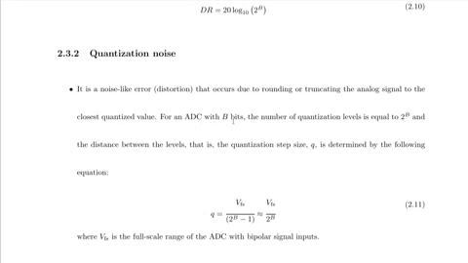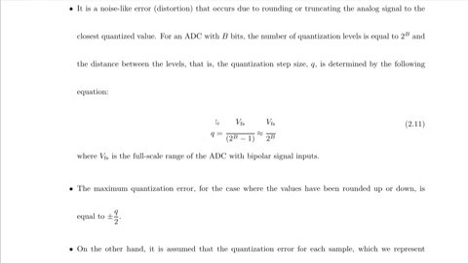For an ADC with B bits, the number of quantization levels is equal to 2^B, and the distance between the levels, that is the quantization step size Q, is determined by the following equation: Q = V_full-scale / (2^B - 1), or approximately V_full-scale / 2^B, where V_full-scale is the full scale range of the ADC with bipolar signal amplitude.